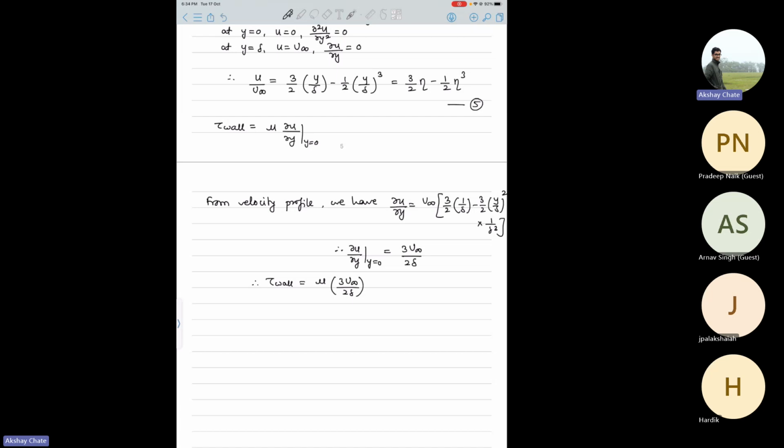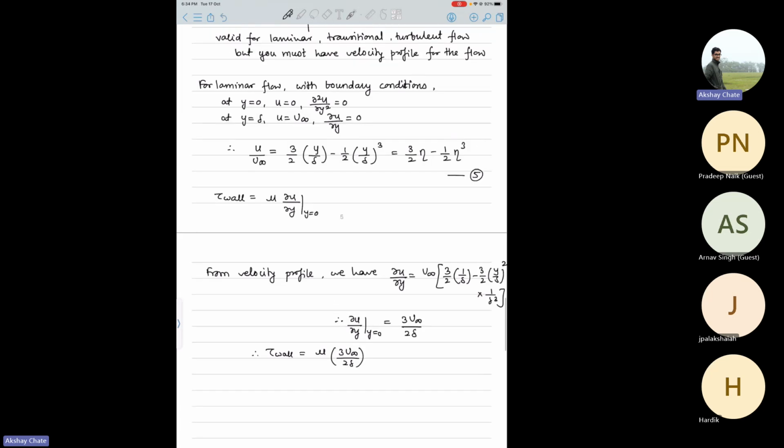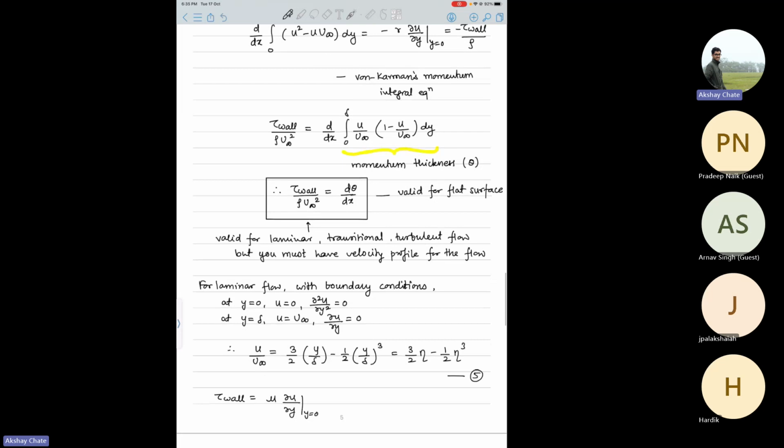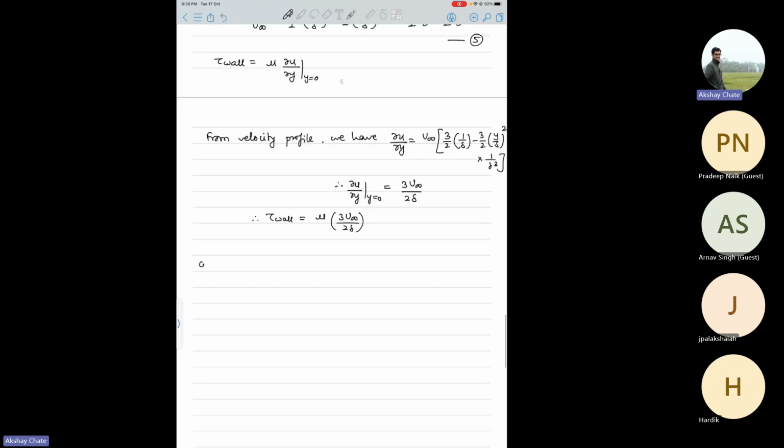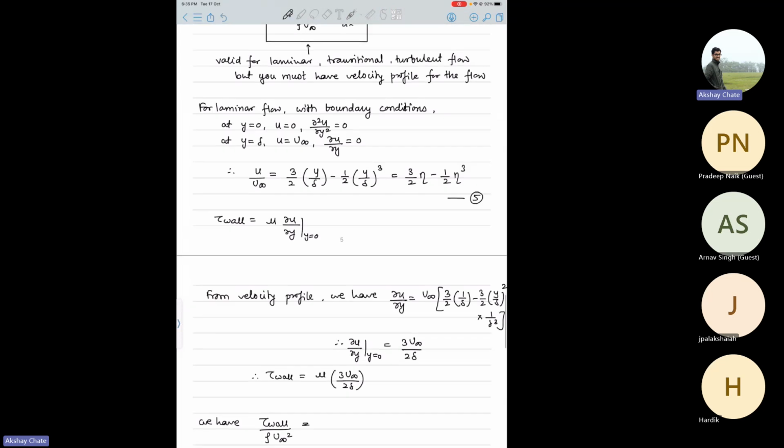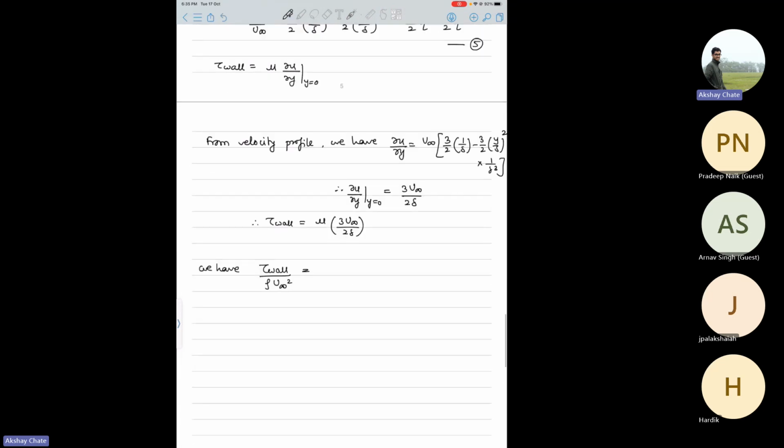Now come to the other side of the momentum equation. So we have tau wall by rho u infinity square is nothing but d by dx of the integral from 0 to delta of u by u infinity into (1 minus u by u infinity) dy.